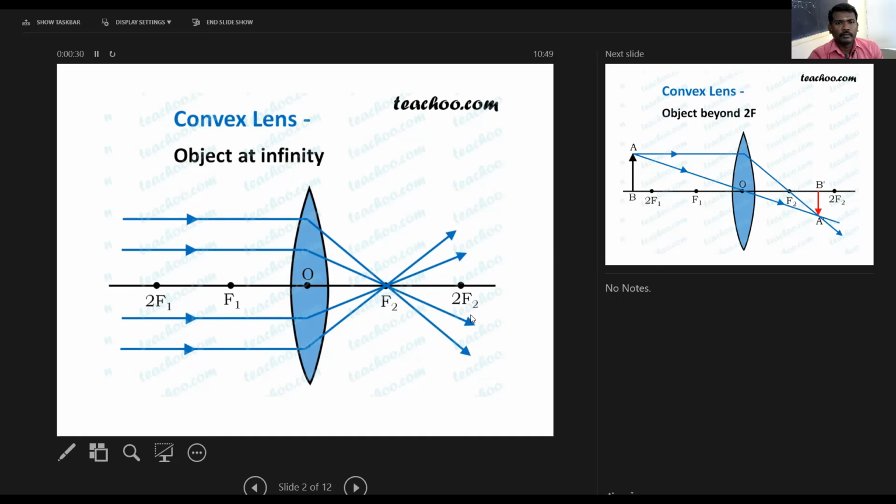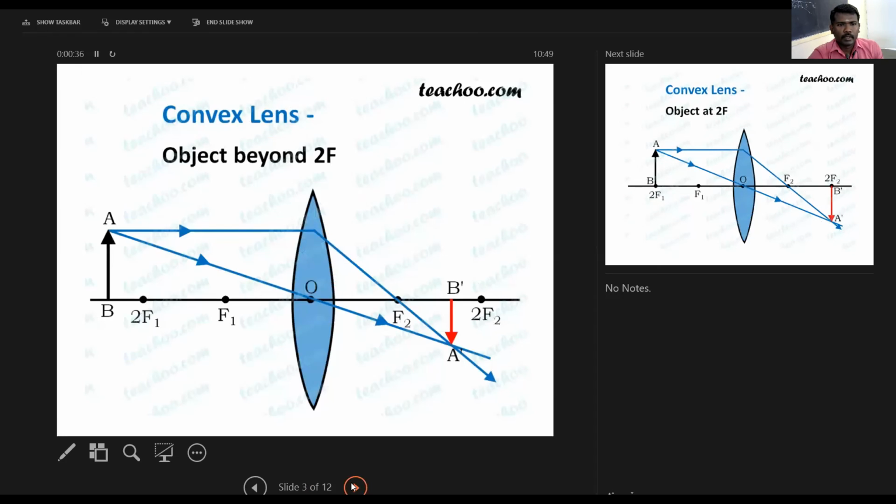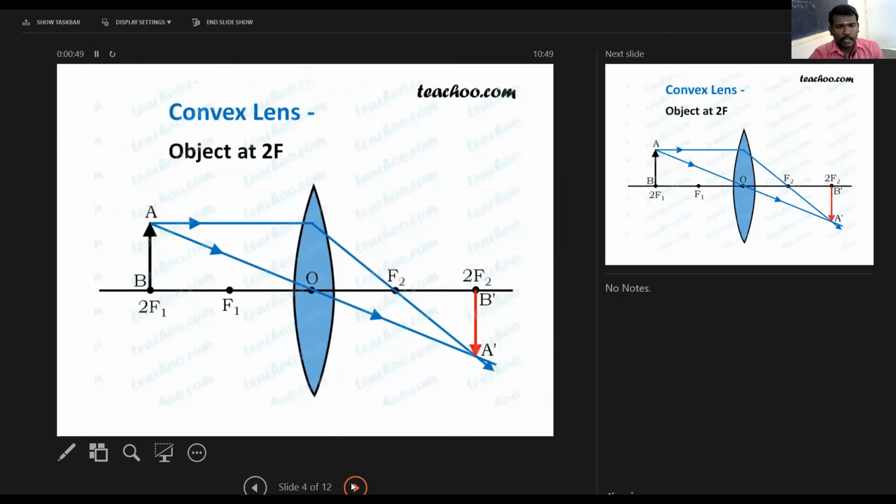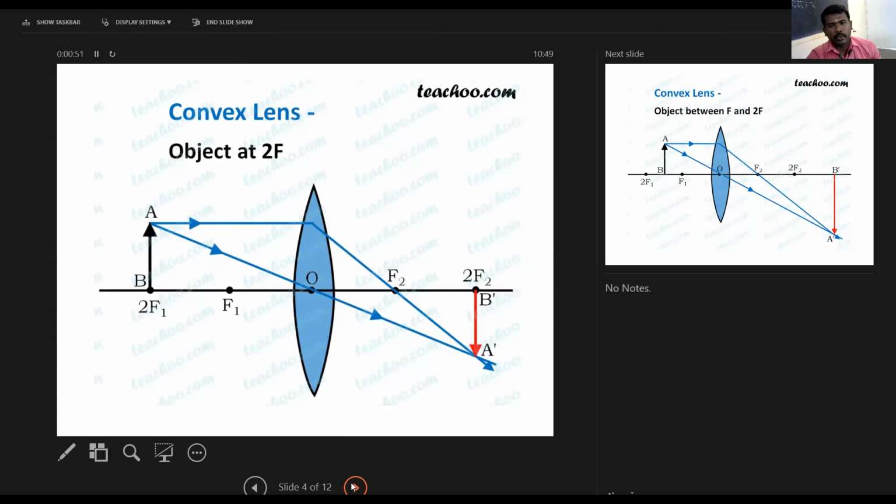The next one, object at beyond C1 or 2f1, the image will be formed in between f2 and 2f2. Third case, object at 2f1, so the image is also formed at the principal center of curvature of the second surface, that means at 2f2.